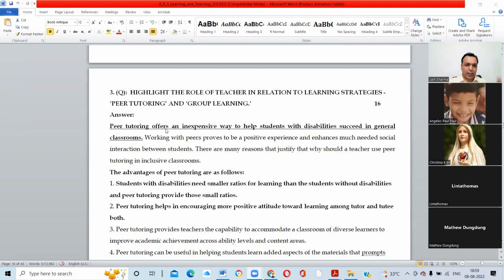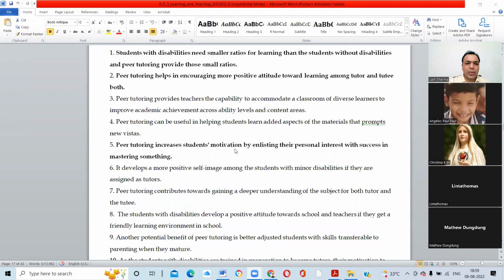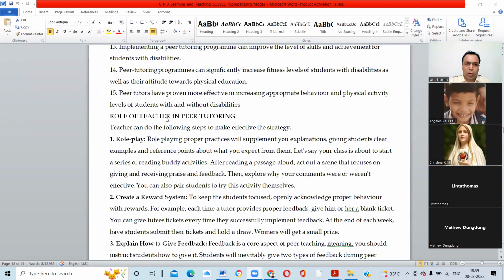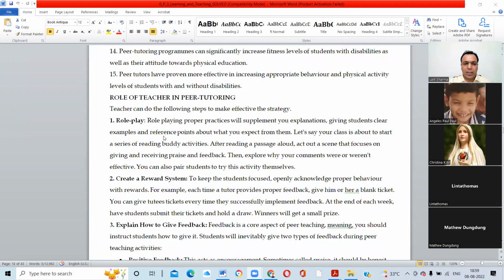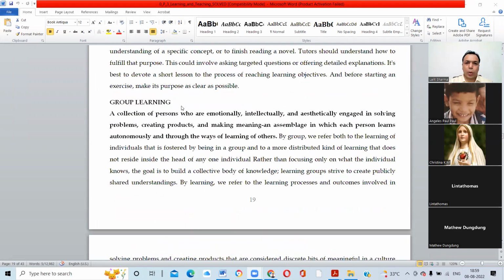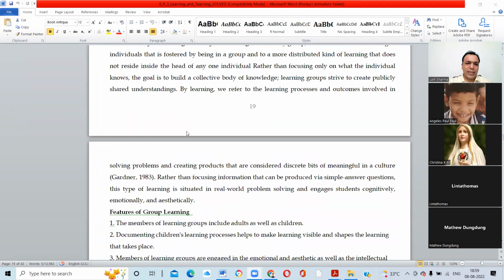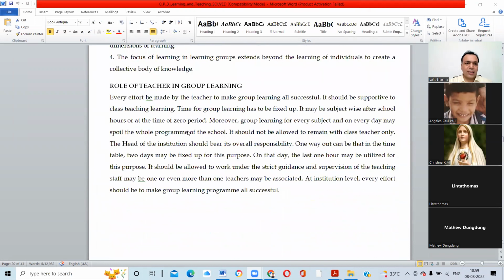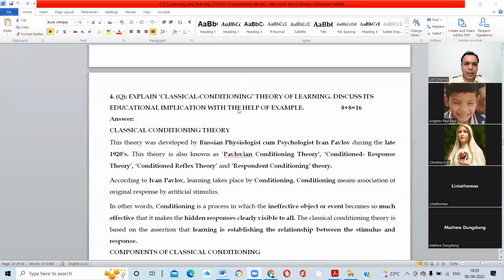These are the advantages of peer tutoring. And then the role of a teacher in peer tutoring. So I have defined the role of a teacher, as well as group learning. It is again an easy one. It is a learning strategy, and the role of a teacher in group learning, right, guys?